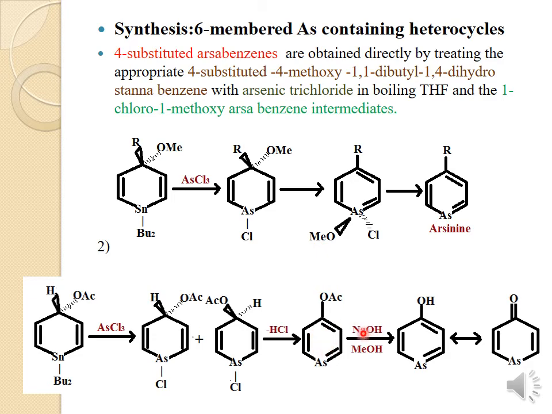Upon treatment with NaOH or methanol, that is a base or an alcohol, the Ac group will go and the H will be obtained, alcohol OH. And then this can again resonate, this bond shifts over here, then this bond shifts, and there is a cleavage of the hydrogen atom, resulting in this structure.